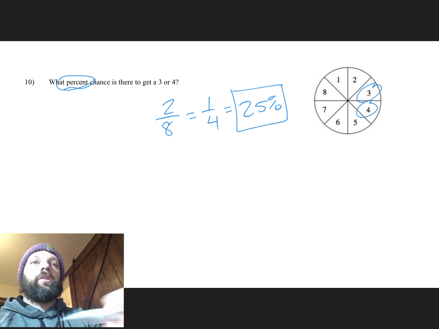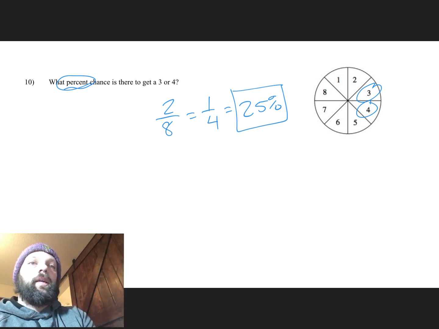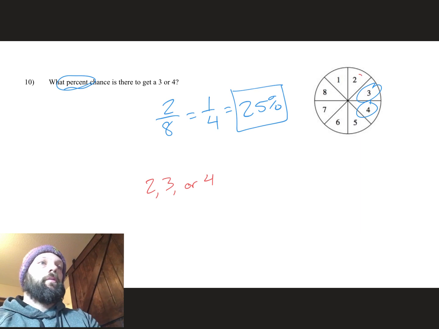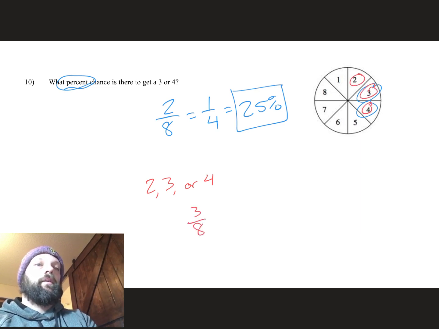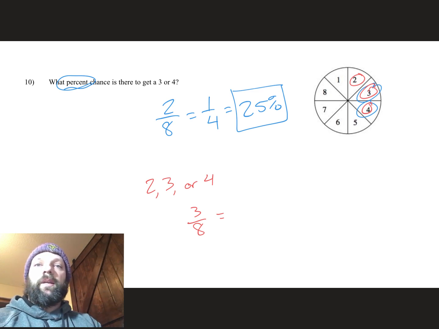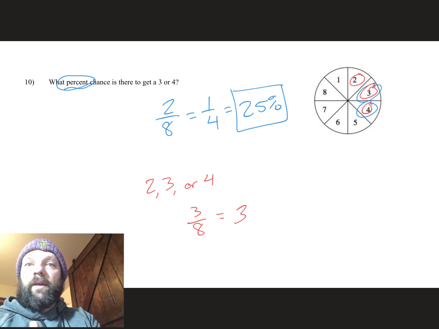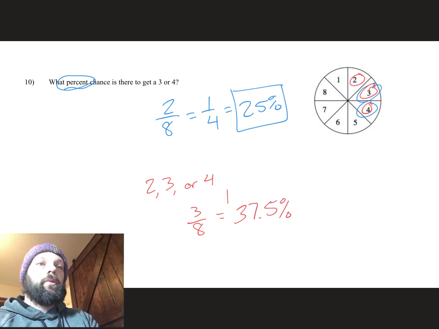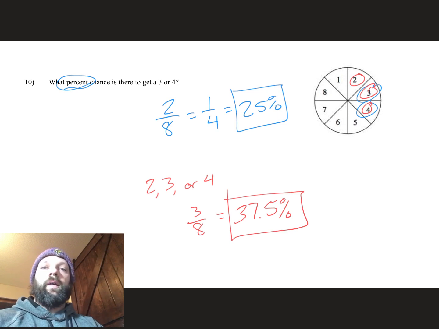If I just switch the numbers around, let's just say 2, 3, or 4, then if I throw that number 2 in there, now I have 3 out of 8, which if I just type on my calculator 3 divided by 8, and then multiply it by 100, that's going to give me 37.5%. Okay, so that's just another way to work out that problem.